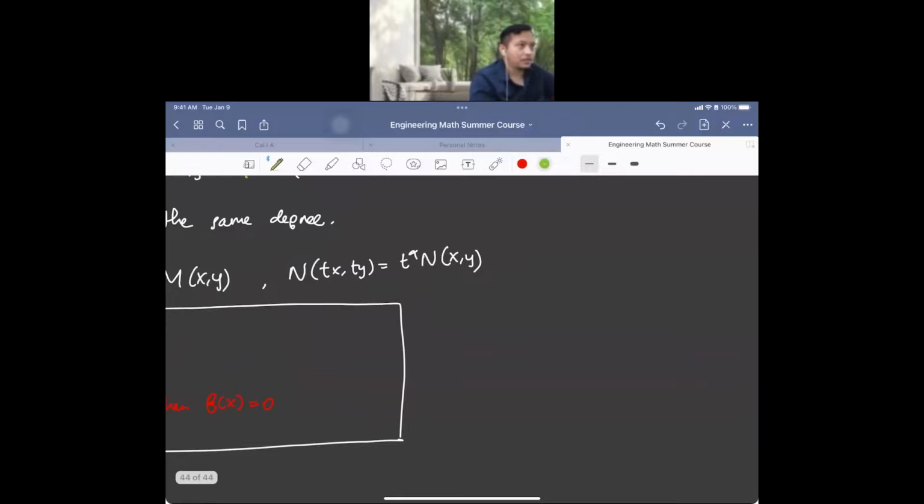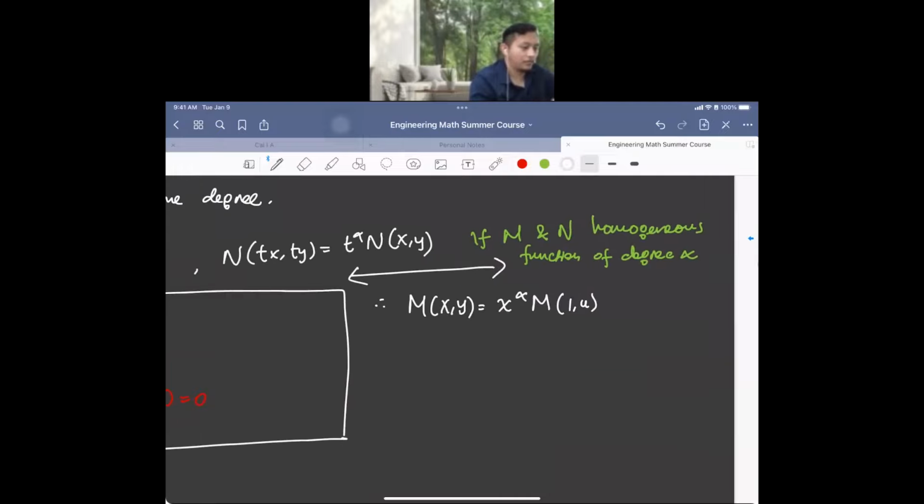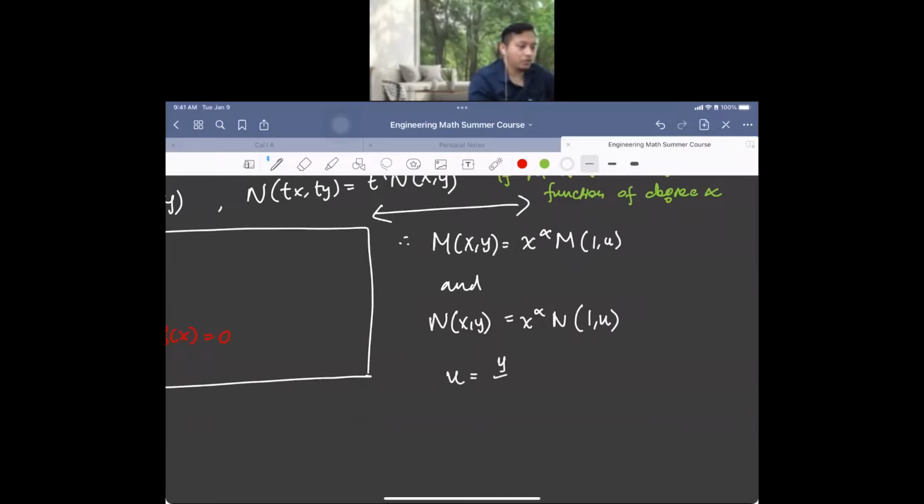So if M and N are homogeneous functions of degree alpha, then M and N can be written in terms of u, where u is y over x.